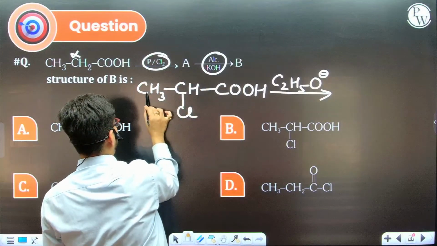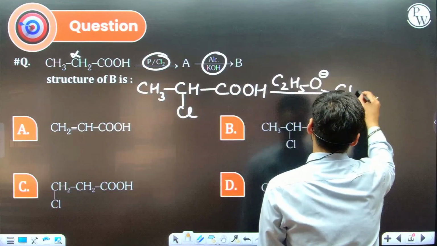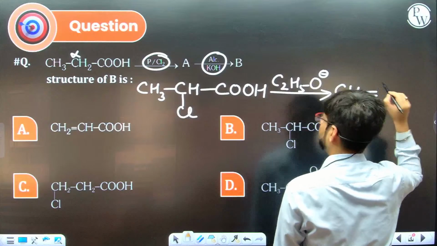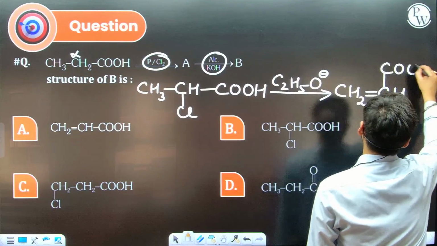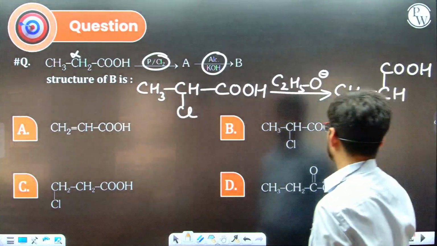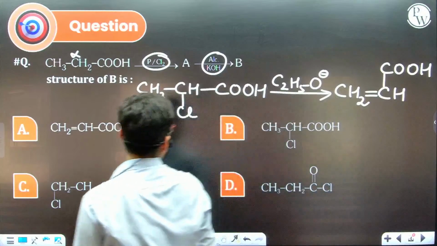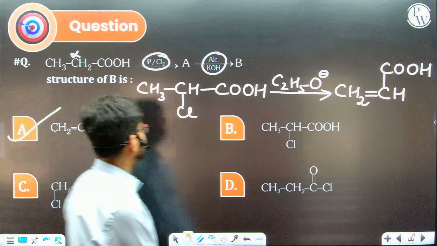I'll remove this hydrogen, I'll remove this halogen. So what will be the product? CH2 double bond CH-COOH. So this is B. So option A is the correct answer.